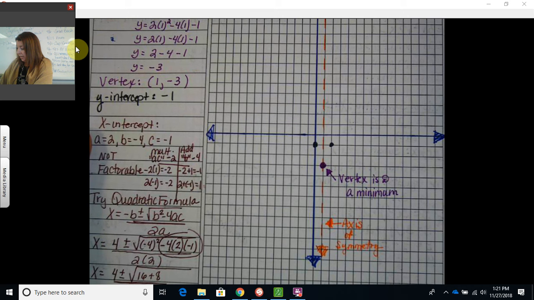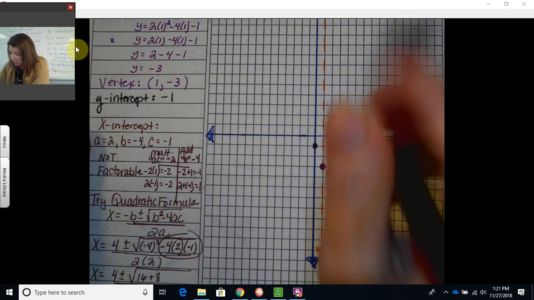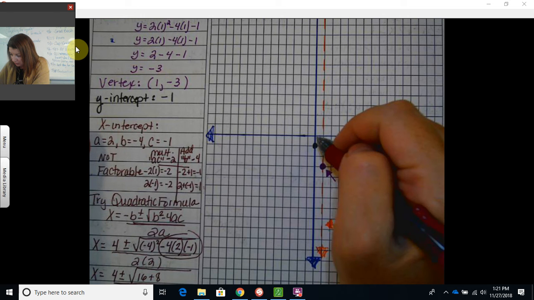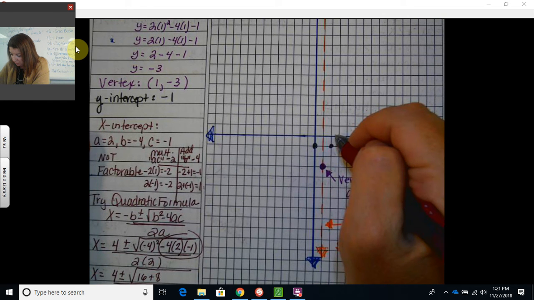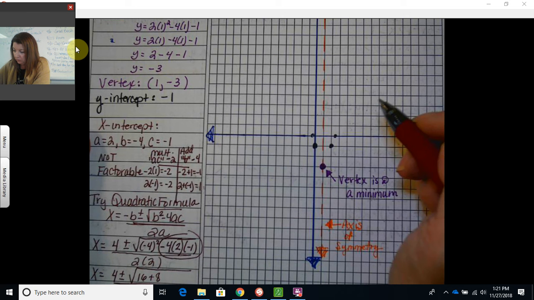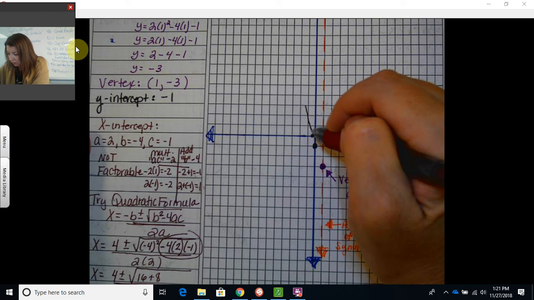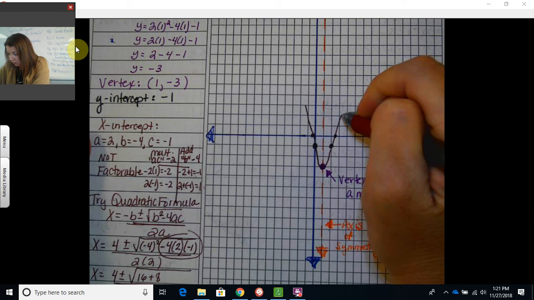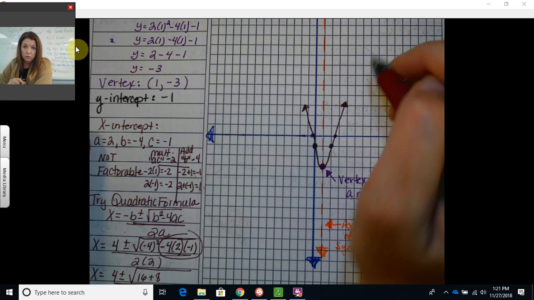And where it crosses the x-axis, that's what I found on this one by the quadratic formula. So I know it crosses the x-axis approximately at 2.2 and approximately at negative 0.2. Smooth U-shaped curve.